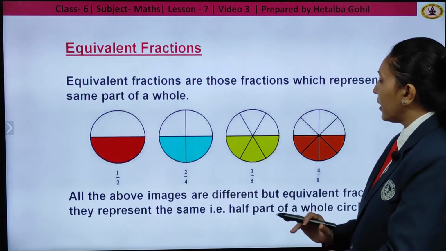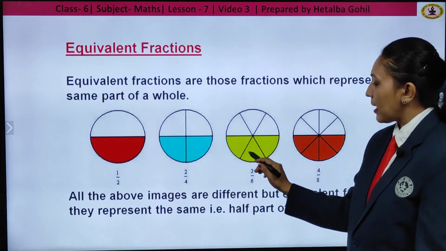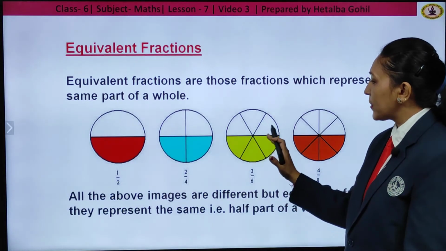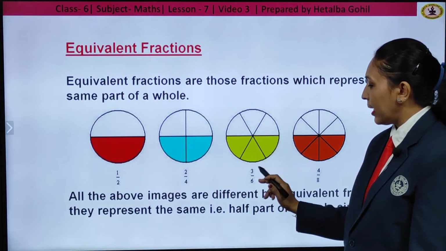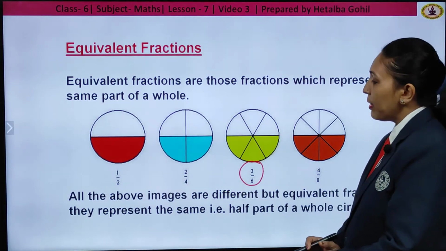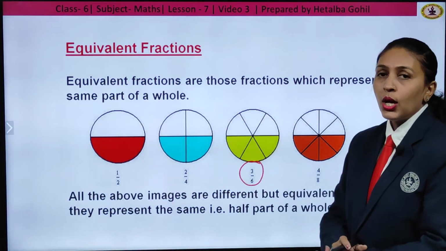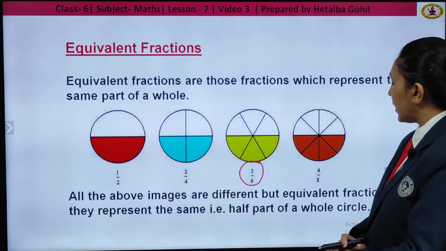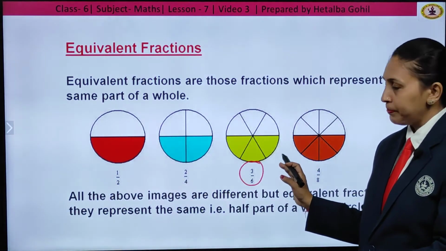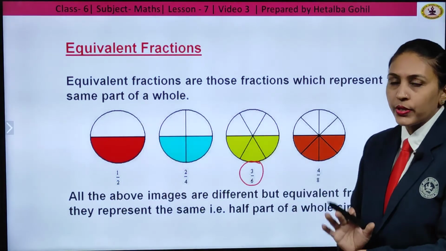Here also 2 by 4 represents half of the whole. In the next figure, 6 parts are made, of which 3 are shaded, that means out of 6, half, that is 3, are shaded. So 3 by 6 also represents, children, the same fraction, that is half of the whole. In the next figure there are 8 parts, of which 4 are shaded.